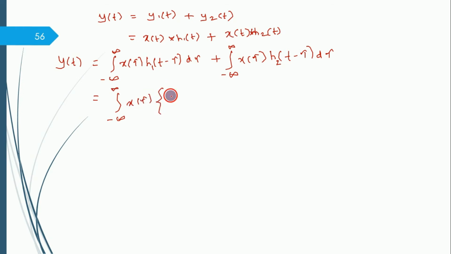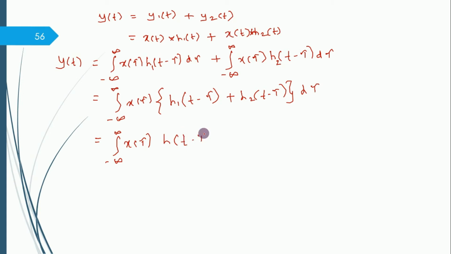If I take it common, what would be left? h1 of t minus τ plus h2 of t minus τ dτ. This is what is left. So the addition of these two things can be written as h of t minus τ dτ.